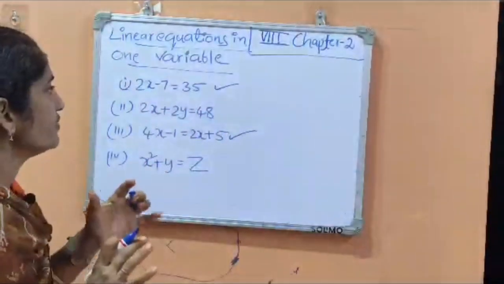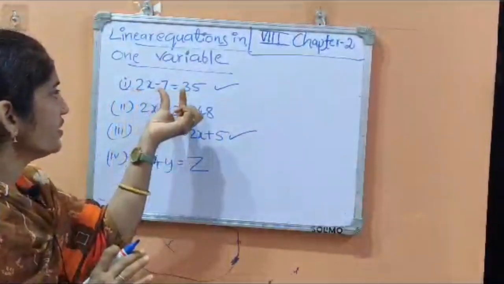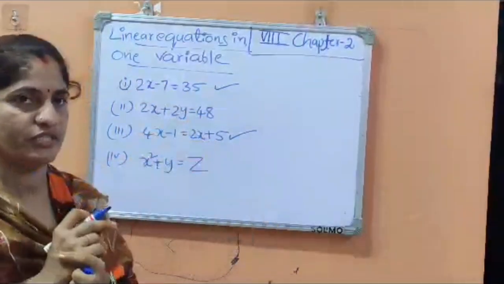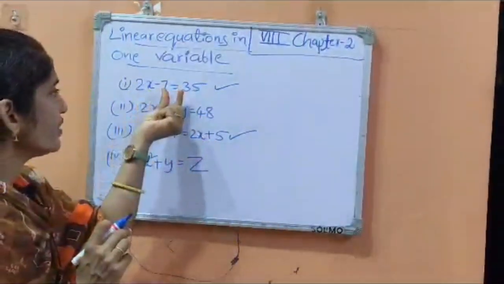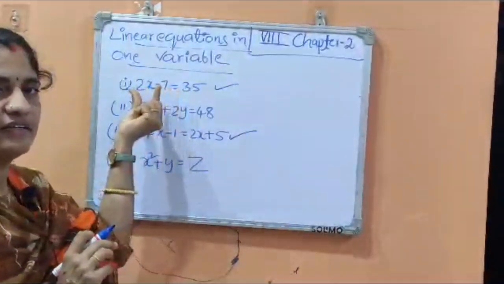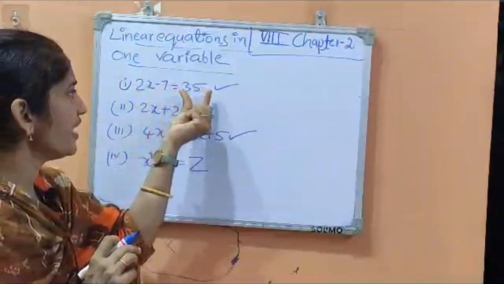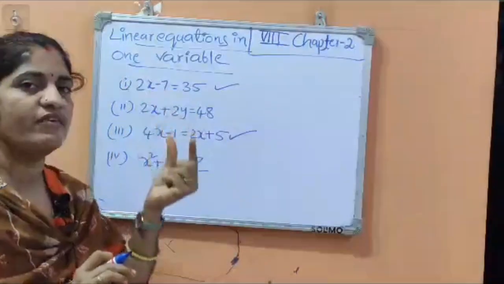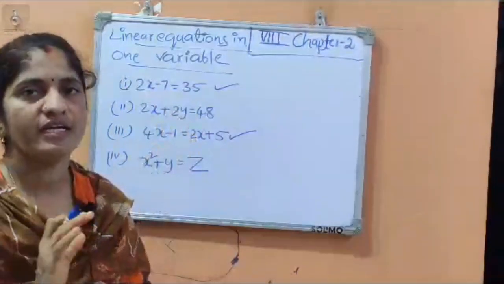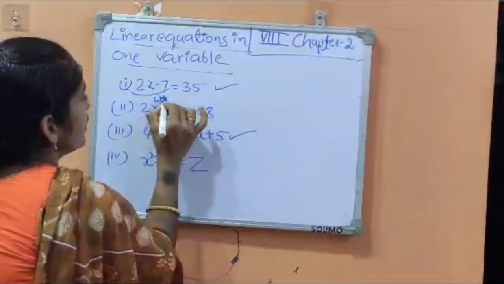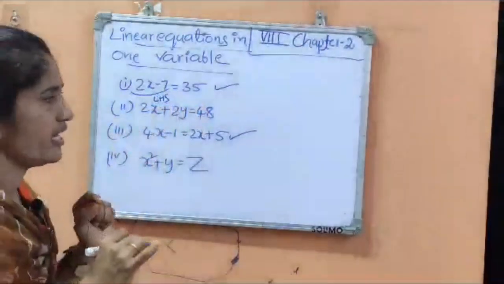If you observe any equation, the equal sign has expressions on two sides. If you consider this equation, on the left hand side there is one expression, and on the right hand side there is one expression. If the equation has constant terms and variable terms, the left side expression is called the left hand side, that is LHS.